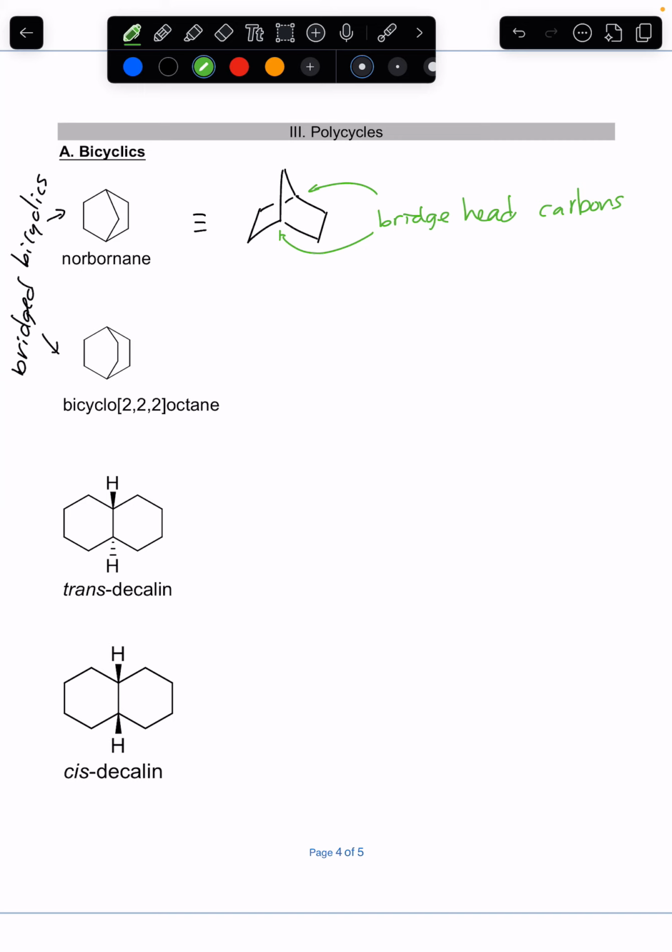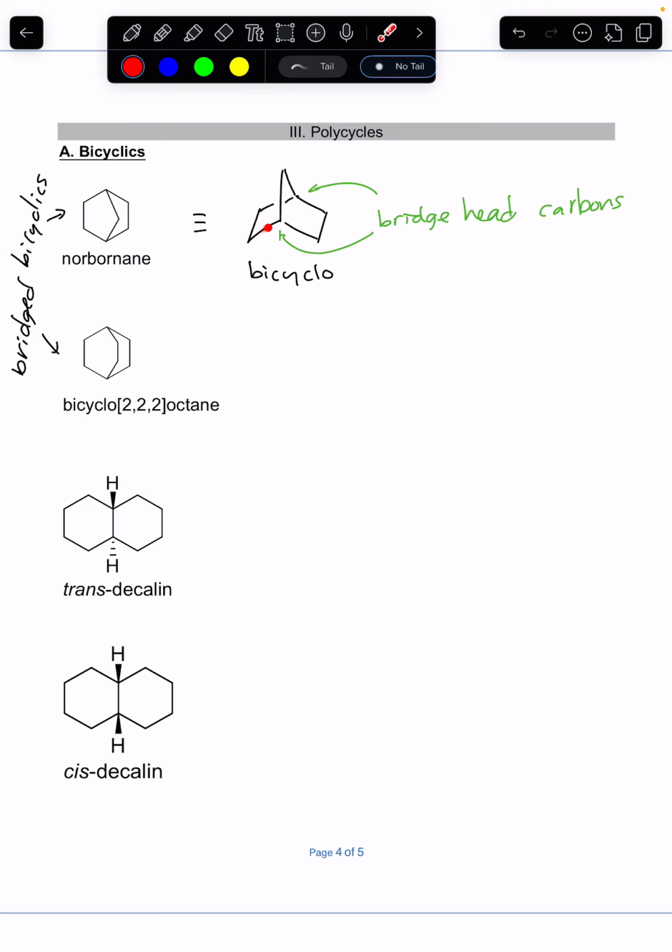And the way you name these is by saying bicyclo, because it's a bicyclic system. And this is a heptane, a bicycloheptane, because there's 7 carbons. But you have to indicate how the bridge is distributed, okay?